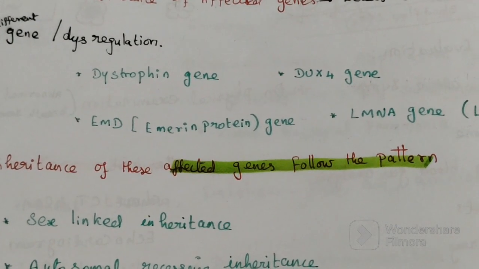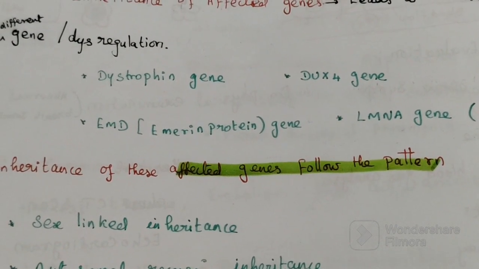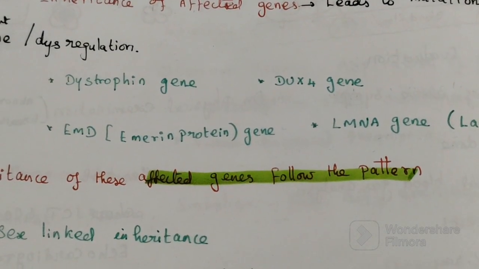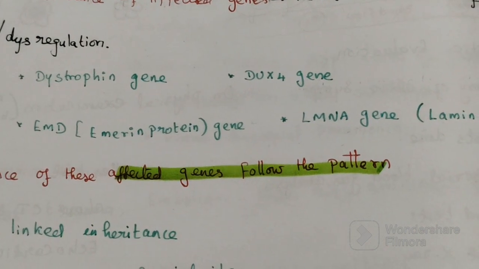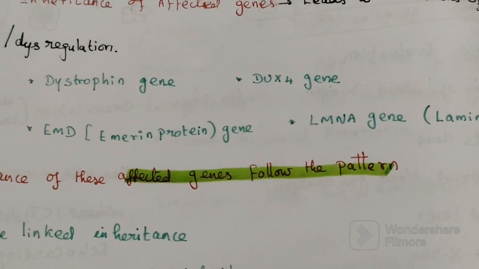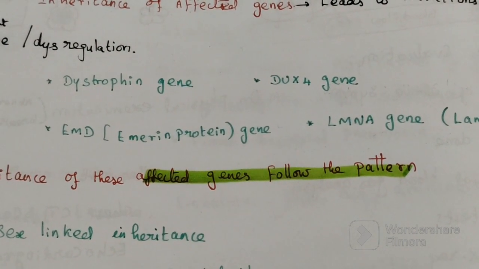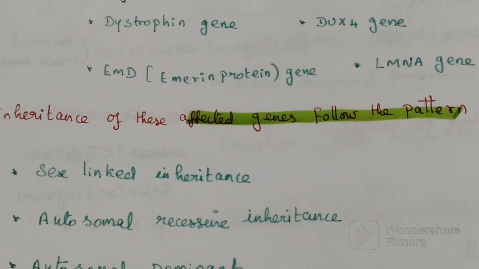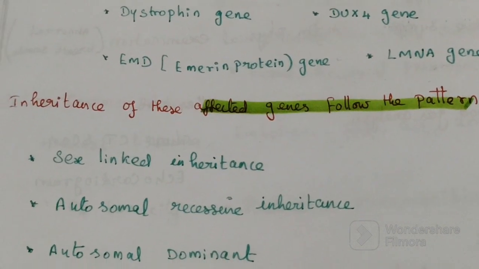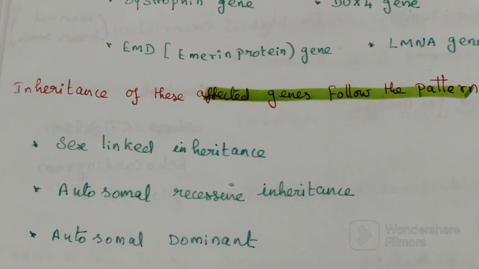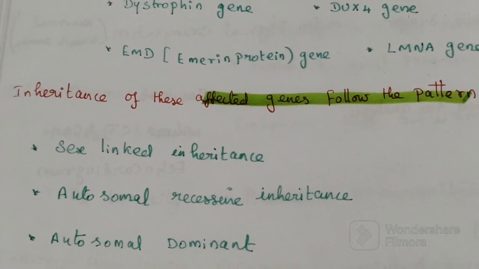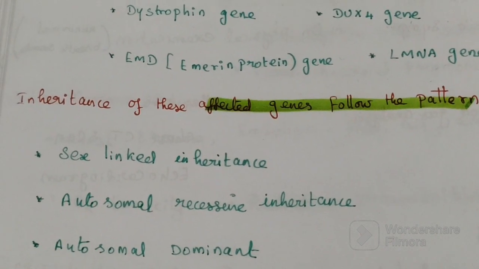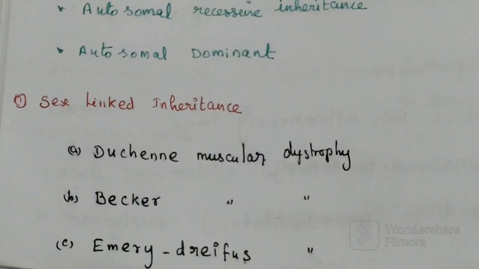So which genes cause mutation? Dystrophin, DUX4, EMD, and LMNA genes. These genes are affected following the pattern of sex-linked inheritance, autosomal recessive inheritance, or autosomal dominant inheritance.